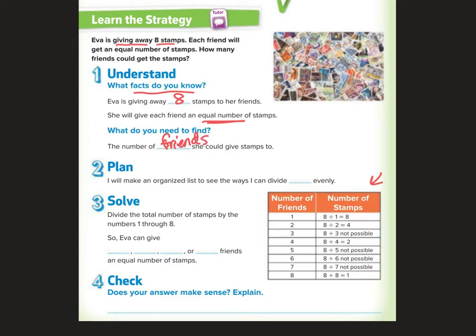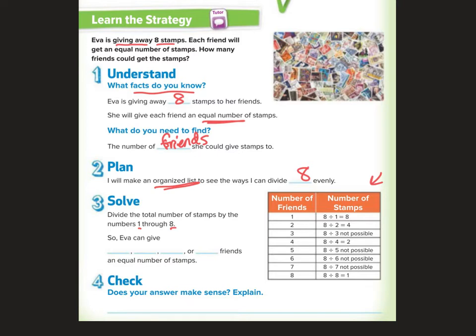Our plan is to make an organized list to see the ways I can divide 8 evenly. If I take the total number of stamps and divide it by the numbers 1 through 8, I know I cannot give to more than 8 friends because I only have 8 stamps. That'd be 1 stamp per friend.